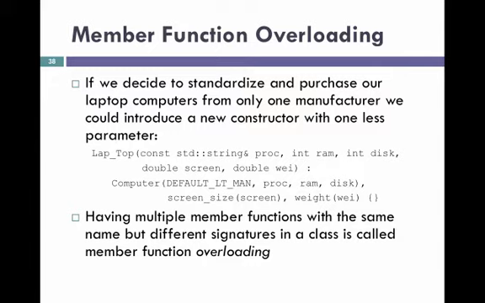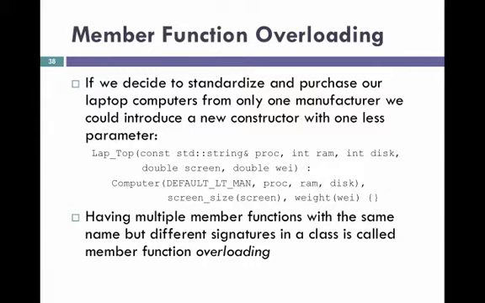So here's a laptop constructor that takes 5 parameters, and when it initializes the inherited computer data fields, it uses a default manufacturer for the manufacturer field, and then initializes the other 3 fields using 3 parameters, and the remaining 2 parameters are used to initialize screen size and weight. So this constructor has 5 parameters instead of the 6 we originally had with laptop.